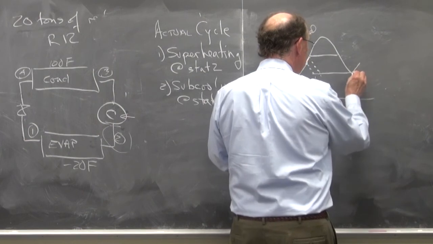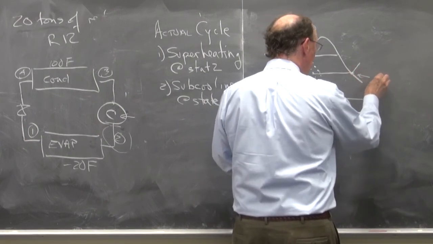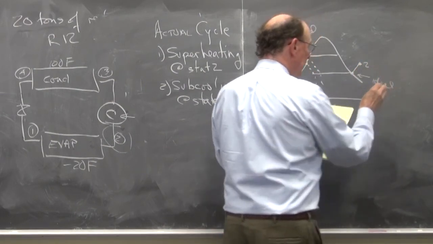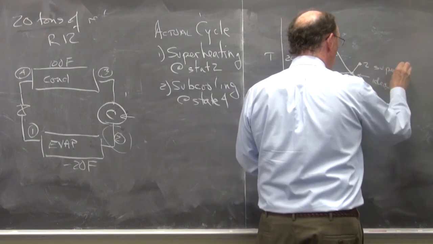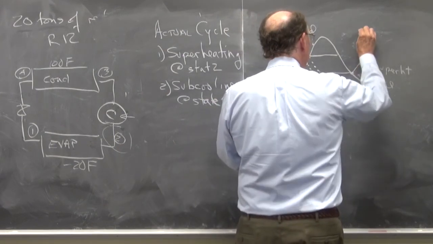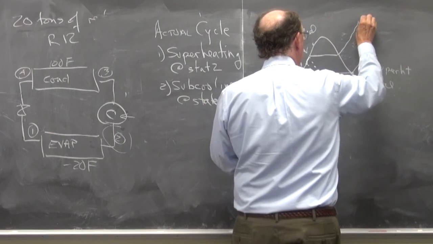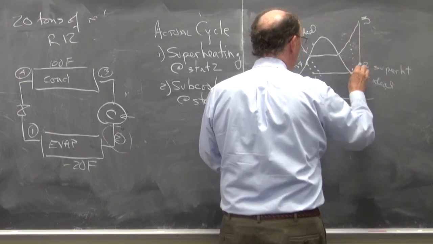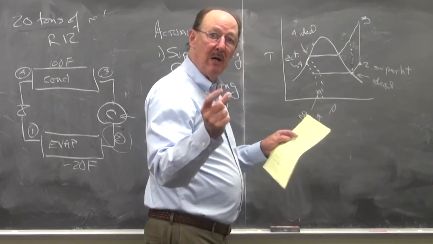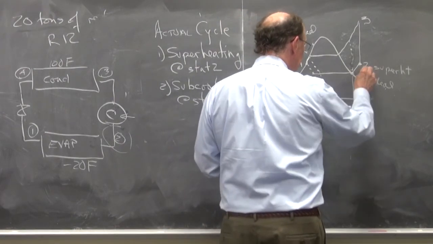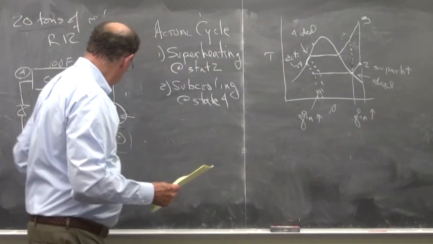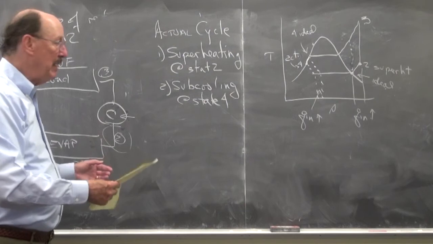Now we're going to have superheating at state 2. So we saw that this was the ideal place, and now we're superheating it, and we go to 3. So in this case as well, we have a gain in the refrigeration effect. So Q_in increases as well because the refrigerant is longer in the evaporator, it's gaining more heat.